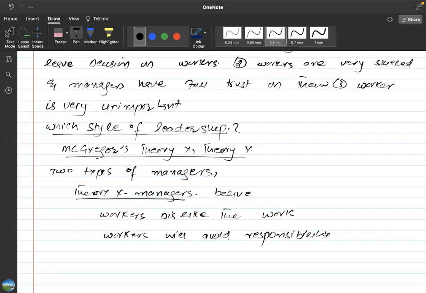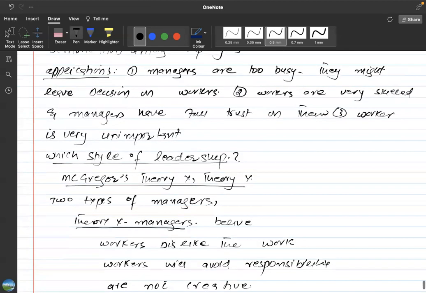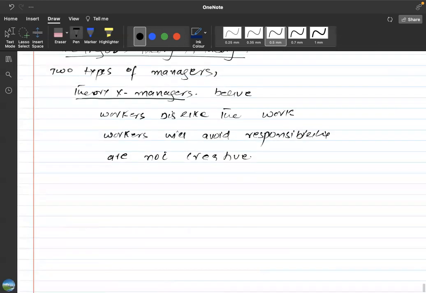They believe that workers are not creative. They also believe that workers work because of the fear of punishment.